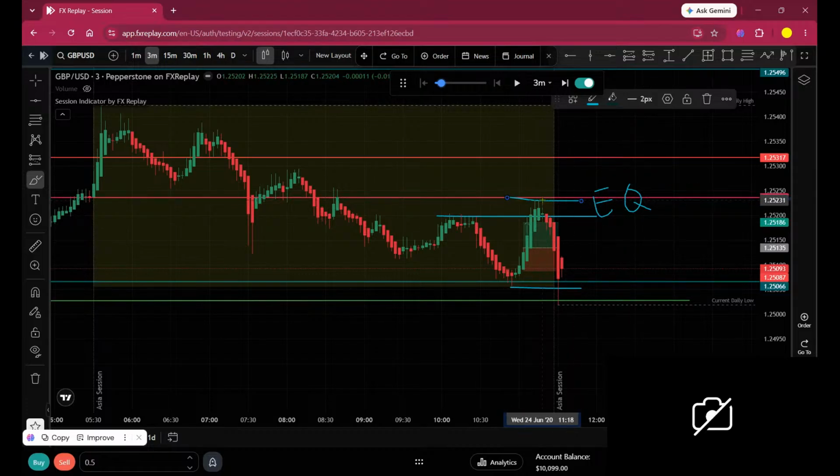So if the market is below this Asia equilibrium, I will prefer the buying side, and if the market is above the Asia equilibrium, then I will prefer the sorry, I reversed it. I was saying if the market is below the Asia equilibrium, then I will prefer the sell side. If the market is above the Asia equilibrium, then I will prefer the buying side.